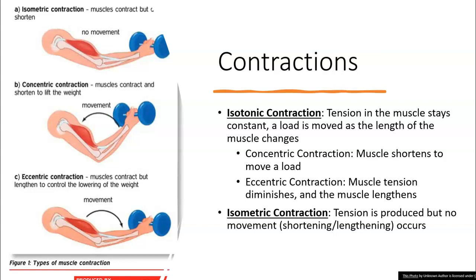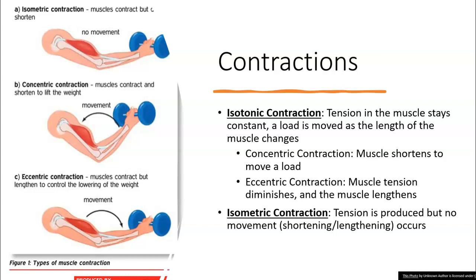And let's just say in this example, we're using a weight that's 5 pounds to do our arm curl. In an isometric contraction, we're going to use a weight that's 500 pounds, and we're going to be trying to move it, but we cannot generate enough force to actually move the weight. We're still producing tension.